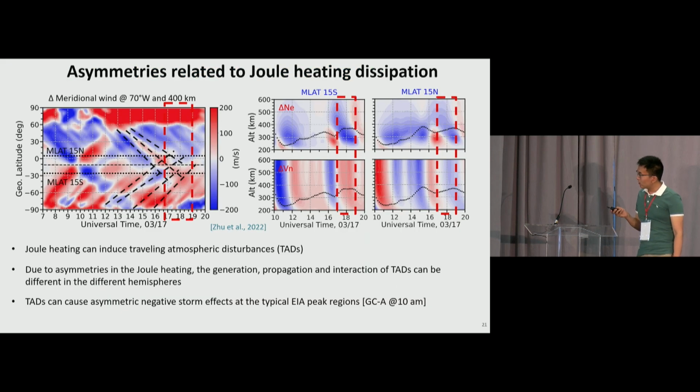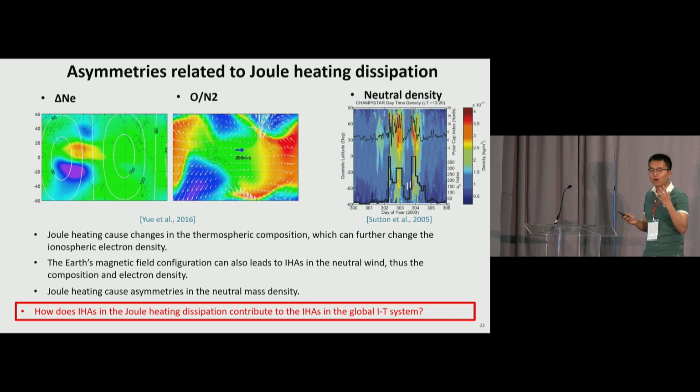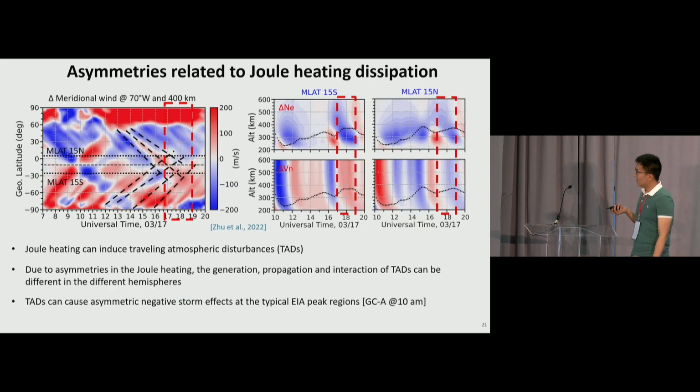The geoheating heats up the neutrals, and thus the interhemispheric asymmetries in geoheating may also contribute to the interhemispheric asymmetries in the neutral density. The geoheating can also trigger traveling atmospheric disturbances, so the interhemispheric asymmetries in the geoheating may contribute to the different generation, propagation, and interactions of TADs.